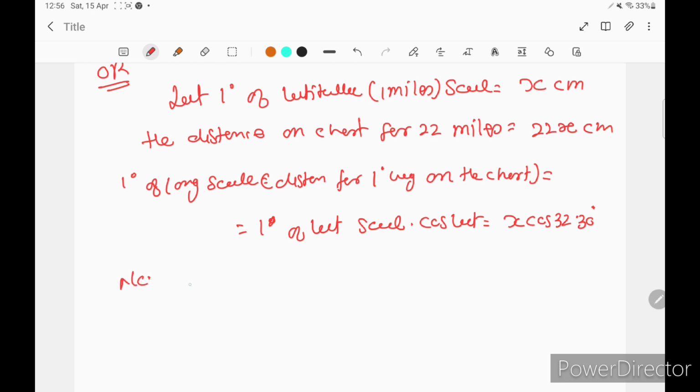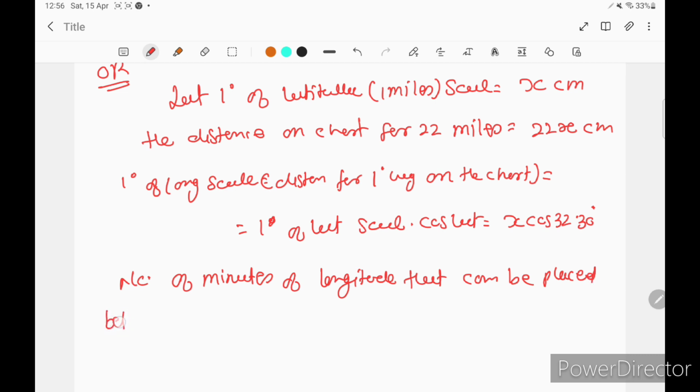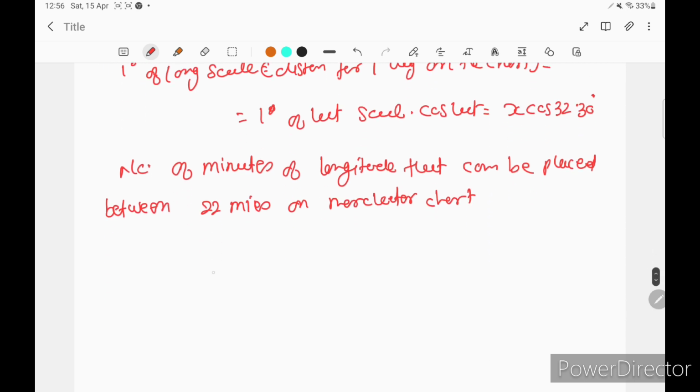Okay, so the number of minutes of longitude that can be placed between 22 miles on the Mercator chart is equal to 22x divided by x into cos latitude.